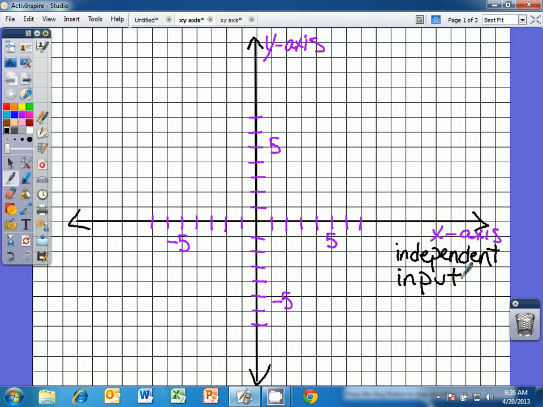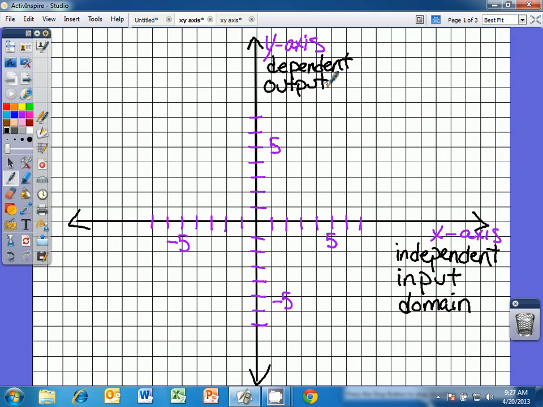And another name that we've found for our x-coordinates is our domain. The y-axis or our y-coordinates are our dependent variables. They represent our output.